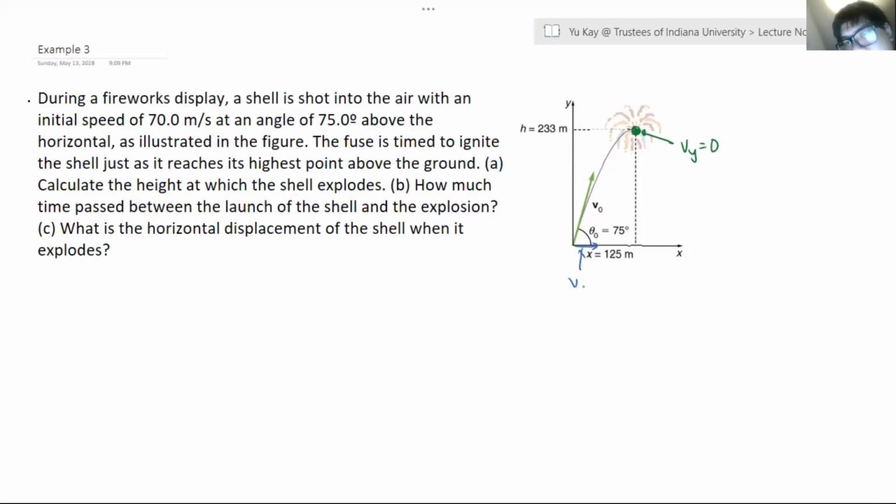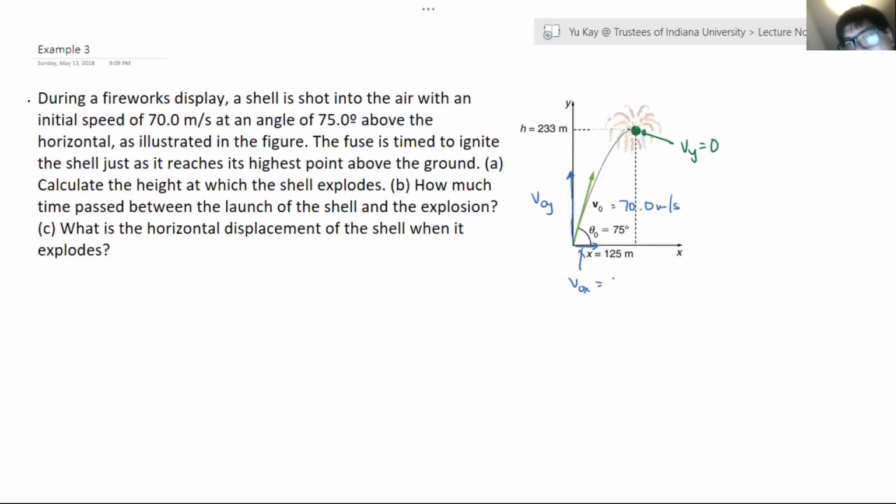The initial V0x and V0y. And for V0x, we know V0 is 70.0 meters per second.